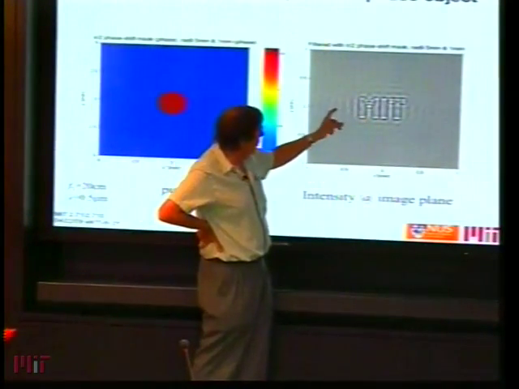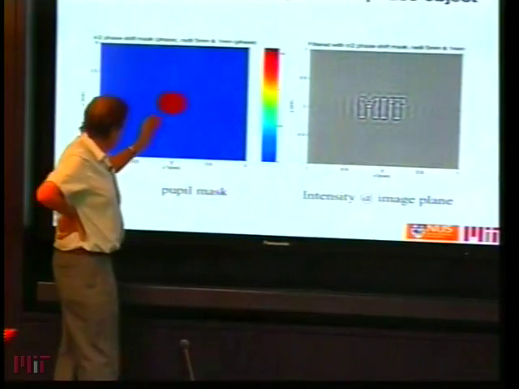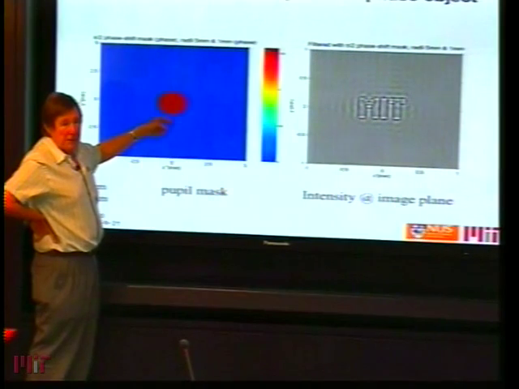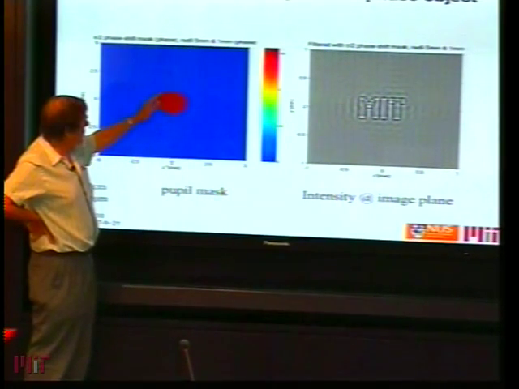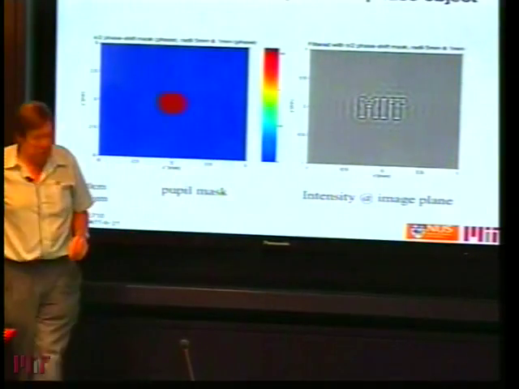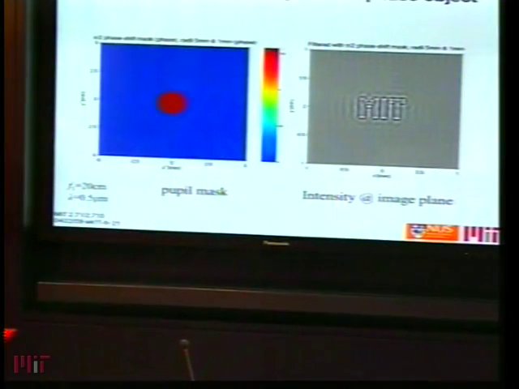And I think a lot of the ripples are coming from the fact that this has a sharp edge to it. Probably if you smoothed this, you could avoid such strong ringing in this image.